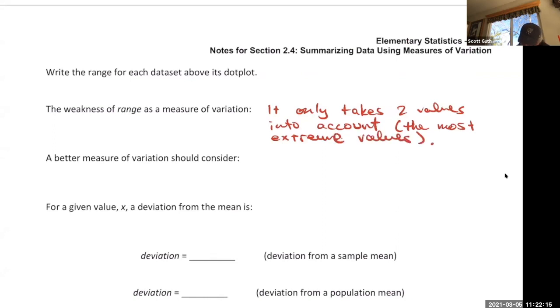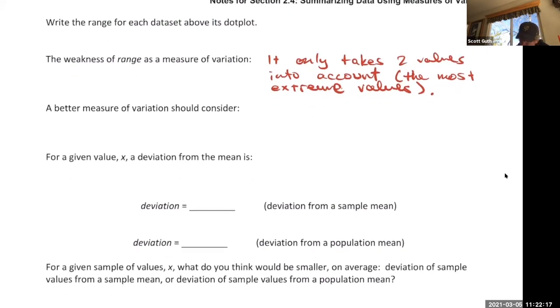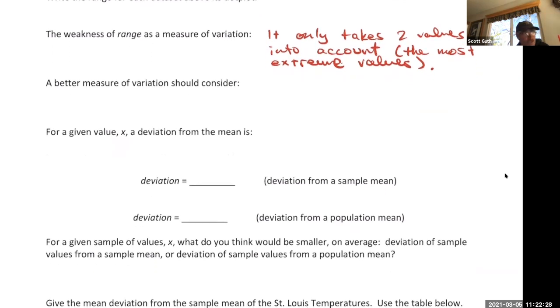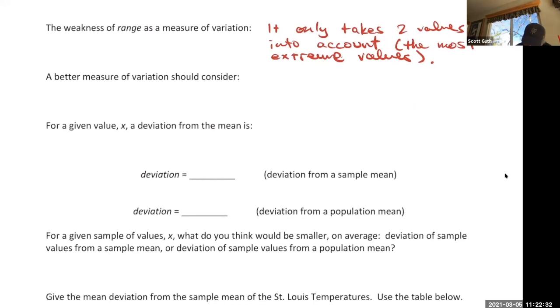Any questions about that? So range is one way of quantifying variability, but it comes out too big because it only looks at the most extreme values. A better measure of variation should consider all data points, so you're not looking at only the most extreme ones.